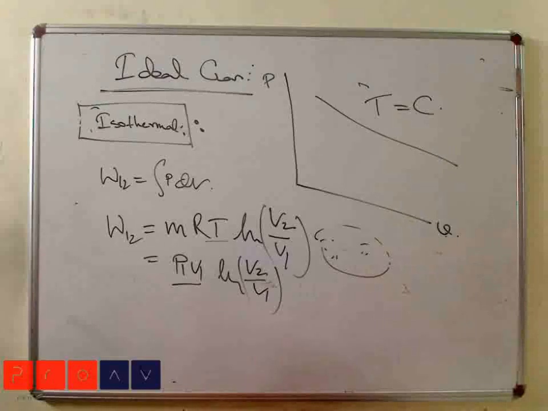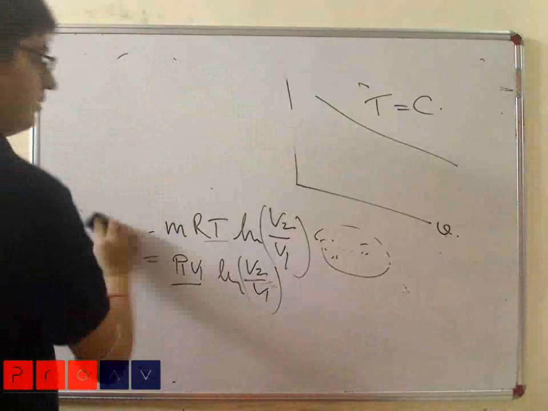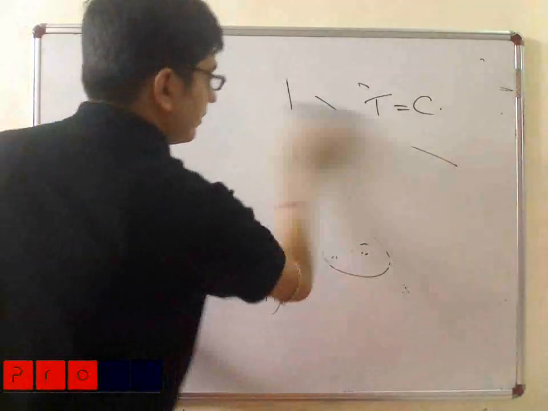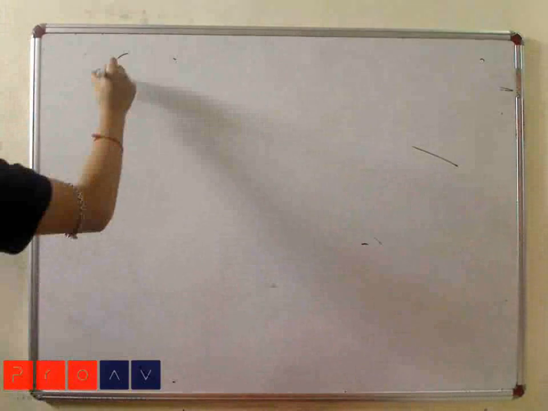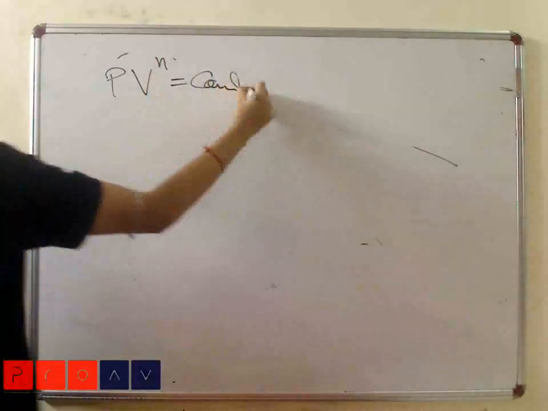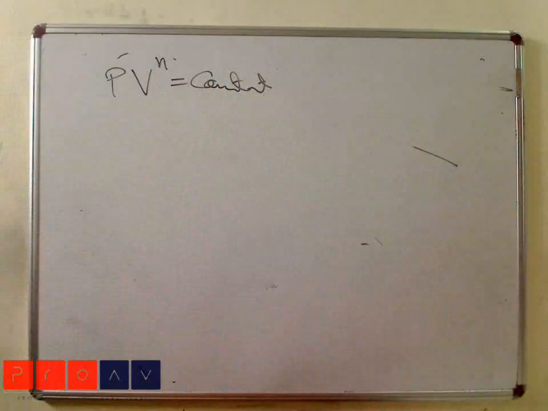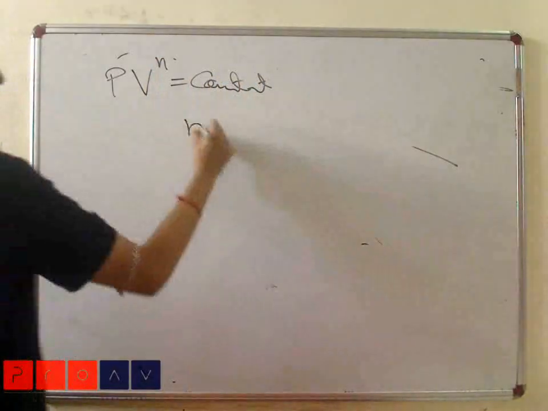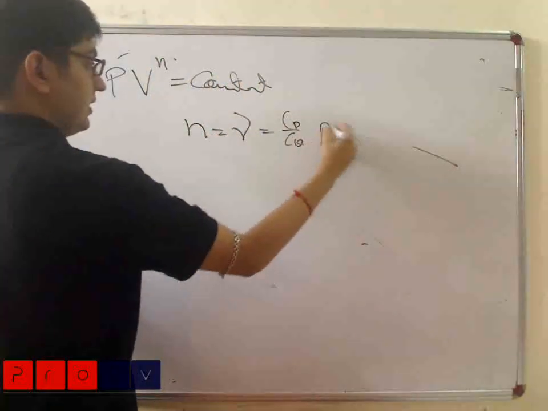Now consider PV to the power n is equal to constant for an adiabatic process. In adiabatic, n is equal to gamma, Cp by Cv.